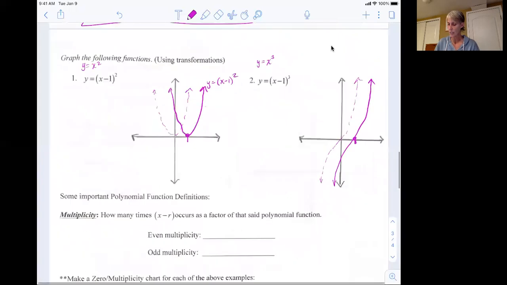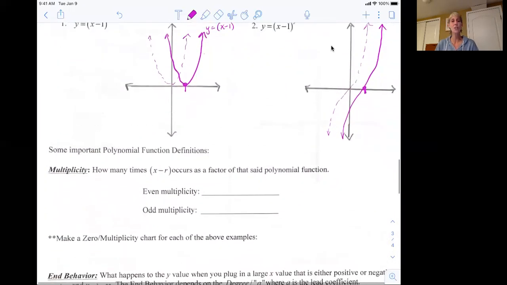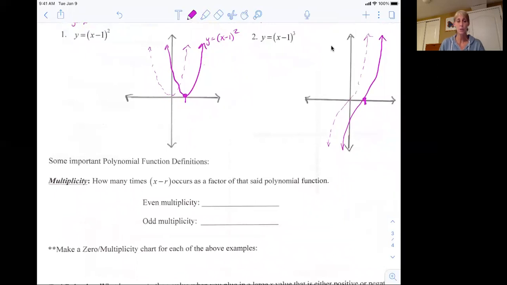We're going to talk about some important definitions from this point. The first definition, something you discussed last year, is a term called multiplicity. Multiplicity is how many times x minus r, or even just an x, occurs as a factor of that polynomial function.